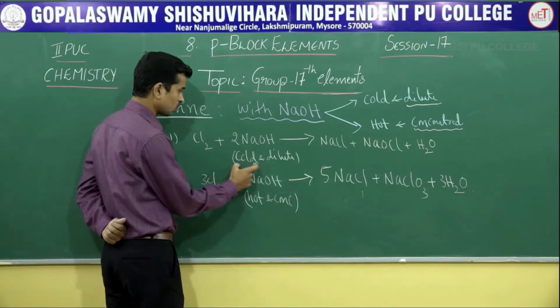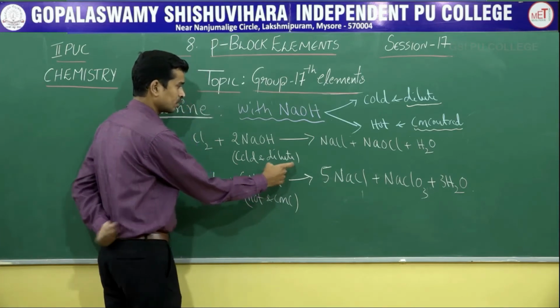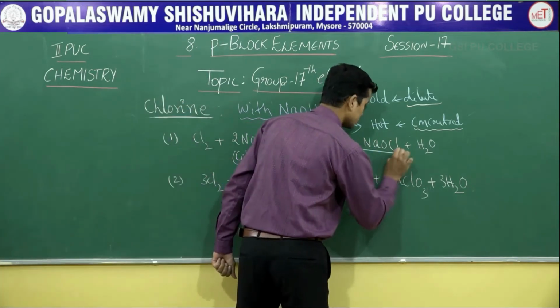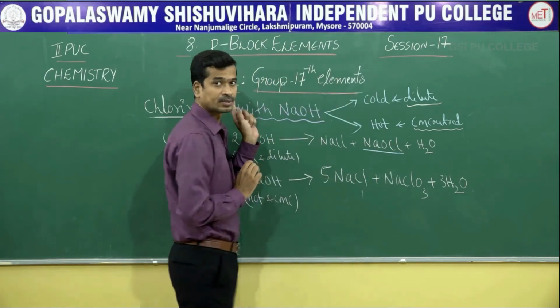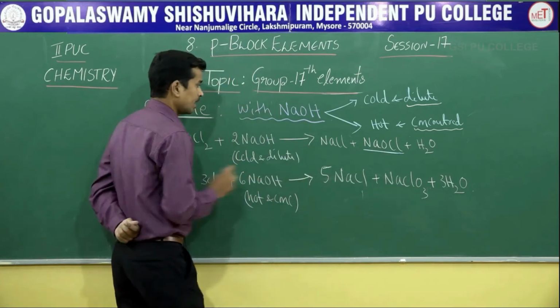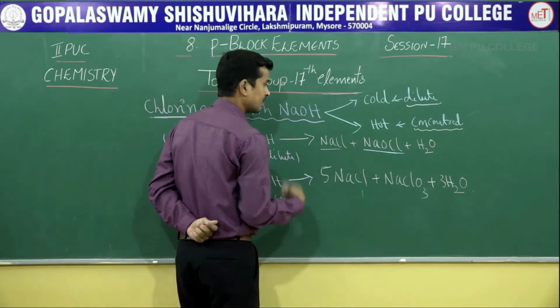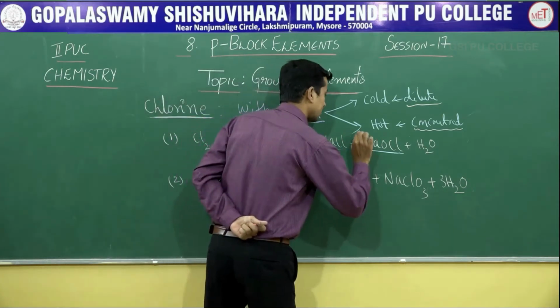Chlorine reacts with cold and dilute NaOH to give NaOCl, sodium hypochlorite, and formation of NaCl and H2O is common.